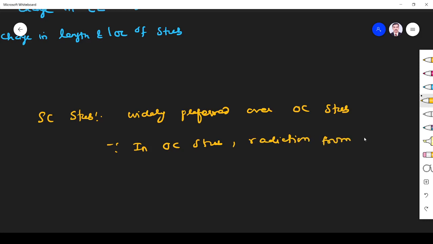Radiation will occur at one end in open circuit stub, right? So that is another important point we have to know.